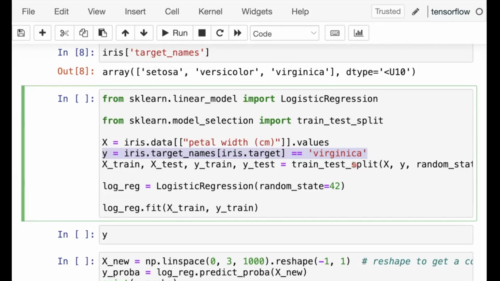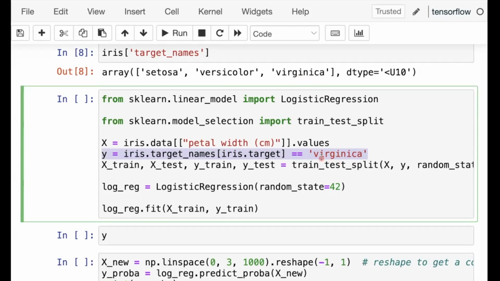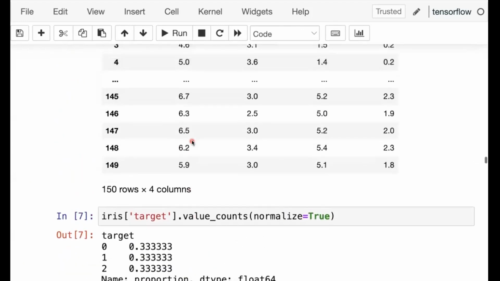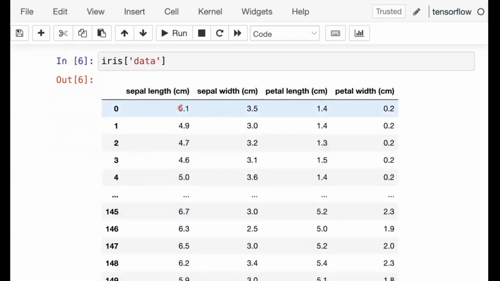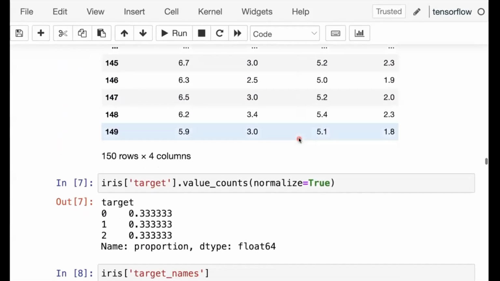We want to answer a question with yes or no. In this case, we don't want to necessarily distinguish all 3 types, but we want to know whether the type is Virginica or not. And also, since the goal is to be able to visualize things here, we are looking at only one input feature, which is petal width. But in general, we have 4 features that we can use, all of them.